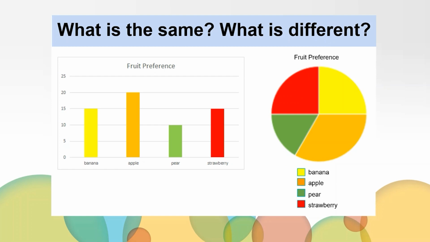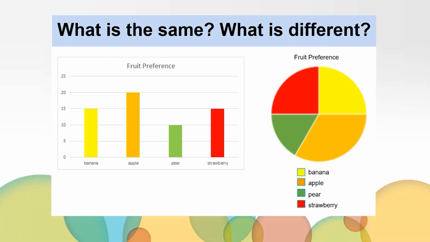You might be noticing that they both have 4 colors, and the colors are the same. You might also have noticed that both graphs are about fruit preferences, and that bananas and apples, pears and strawberries were the fruit that people voted for.